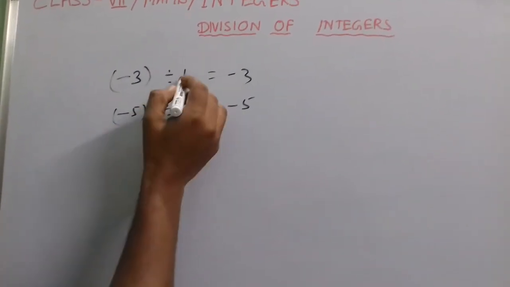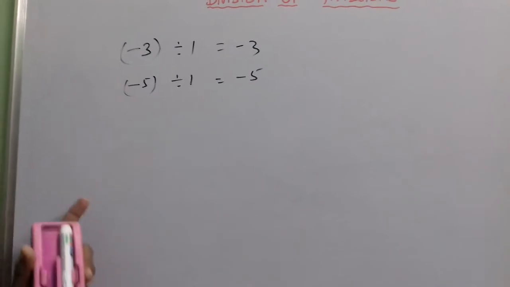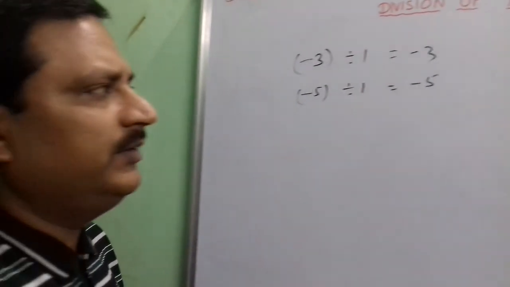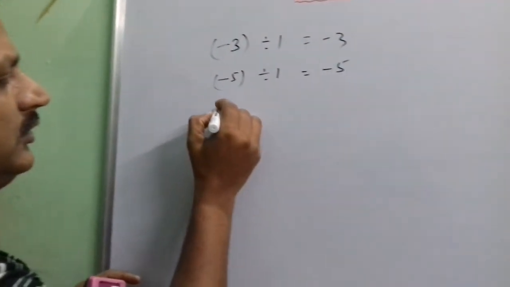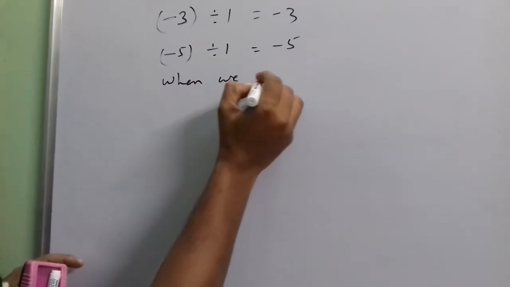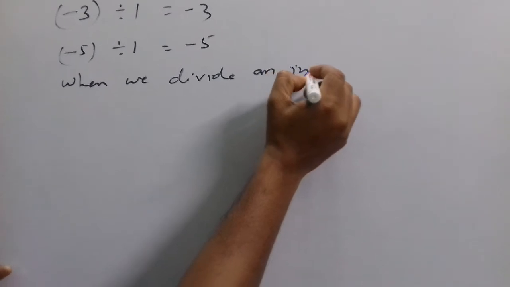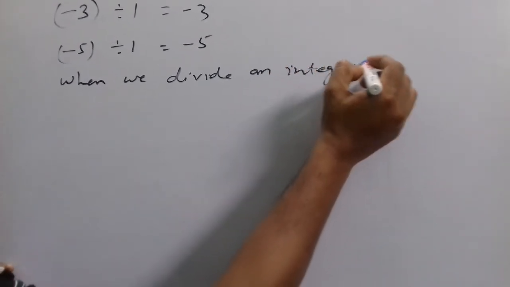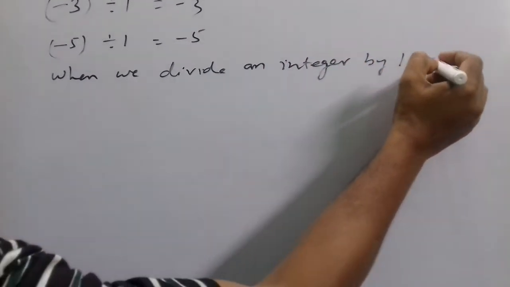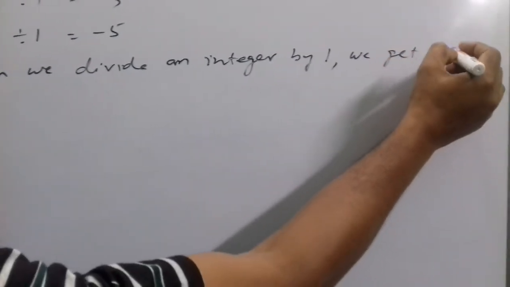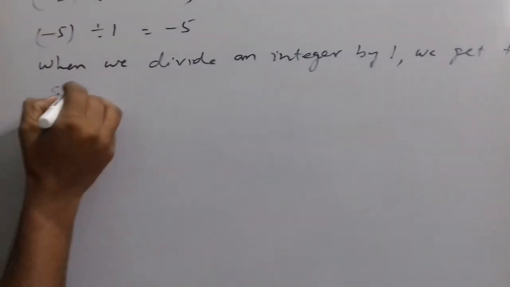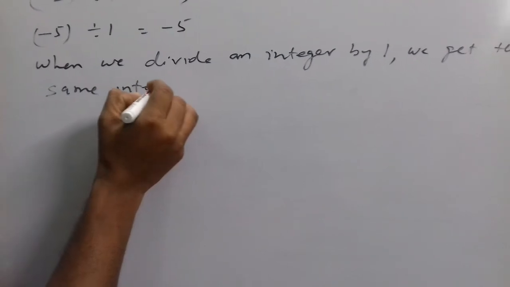That means if you divide any integer by 1, you get the same integer. Okay. So when we divide an integer by 1, we get the same integer. Okay.